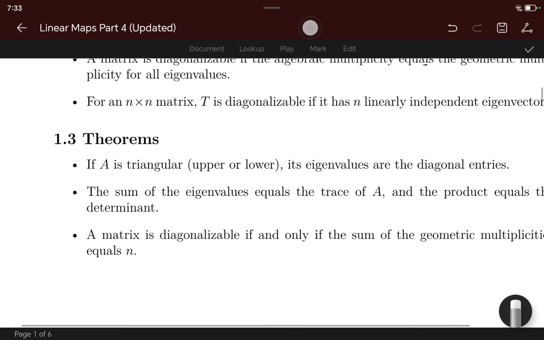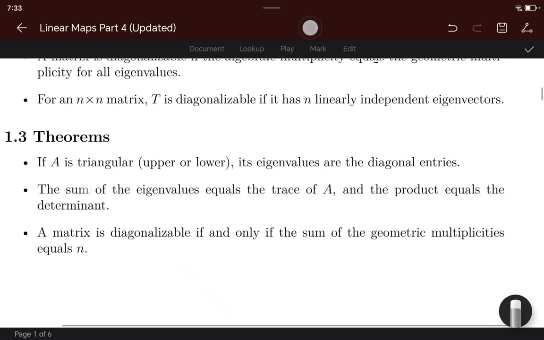Now, for the theorems, they say that if A is triangular, upper or lower, its eigenvalues are the diagonal entries. We'll look at this one if you come across such, but mostly we're going to be using this condition when you're looking for the eigenvalues or eigenvectors.